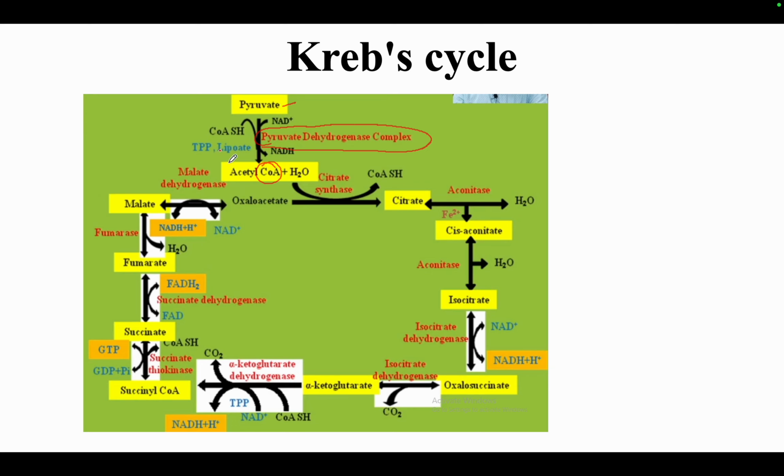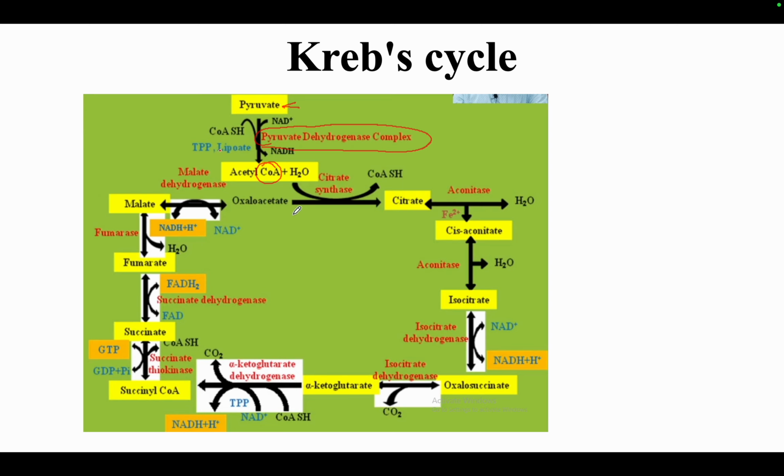This step is committing the pyruvate to go into the Krebs cycle. That is, after conversion of pyruvate to acetyl CoA, the acetyl CoA now has to go into the Krebs cycle. So this is the commitment step or the regulation step of the Krebs cycle.